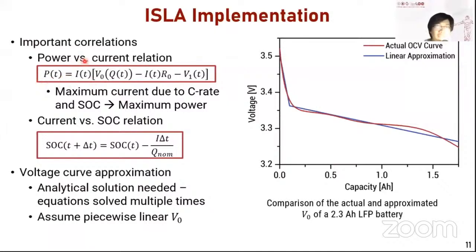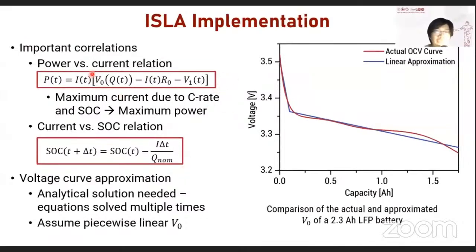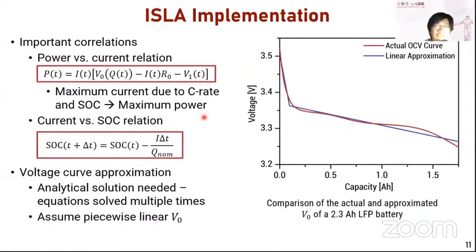Next, once we know the current, we can update the SOC, as you can see here. Now, to further simplify this equation, we'll assume that the V naught, or the open circuit voltage, is a piecewise linear function of the charged capacity, Q naught or Q sub t.